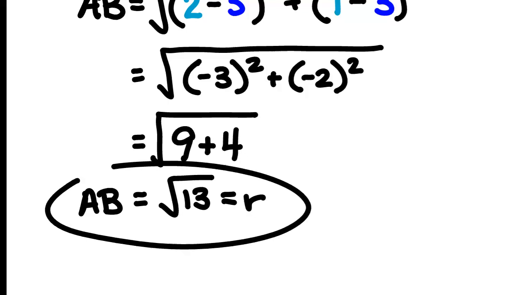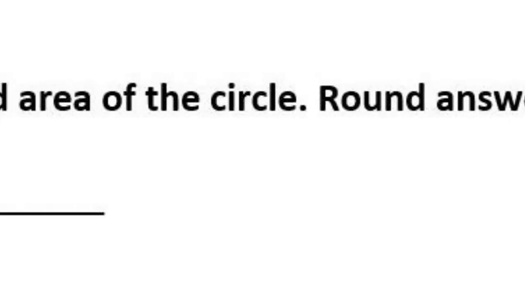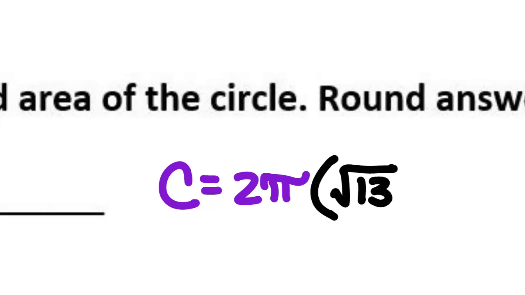We're going to use that in those two formulas. So for my circumference, I do 2 pi, and then inside parentheses, square root of 13. And I pop it into my calculator. We have a pi button on the calculator. Don't use 3.14.